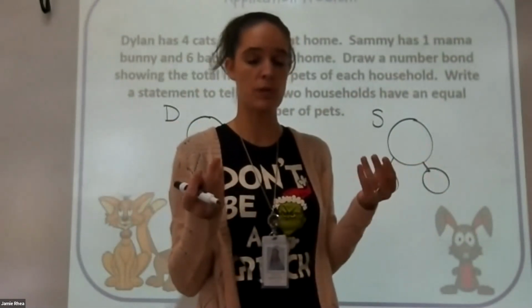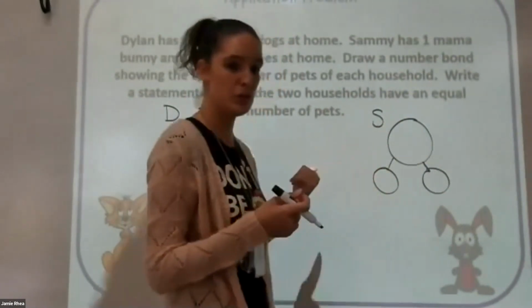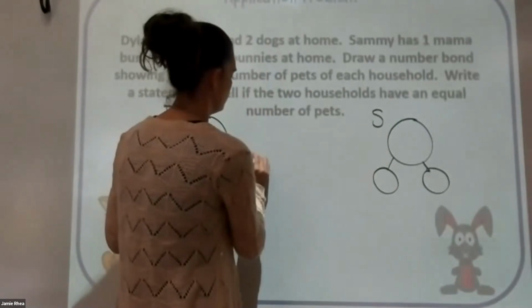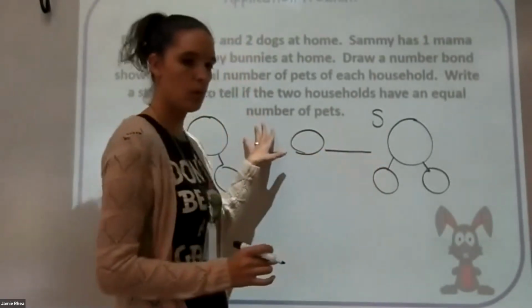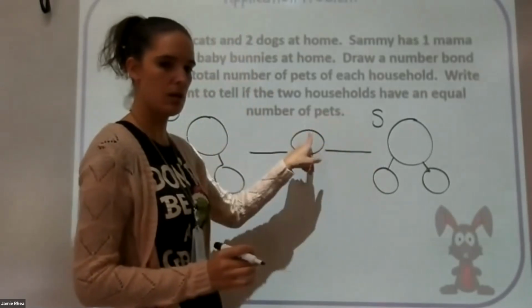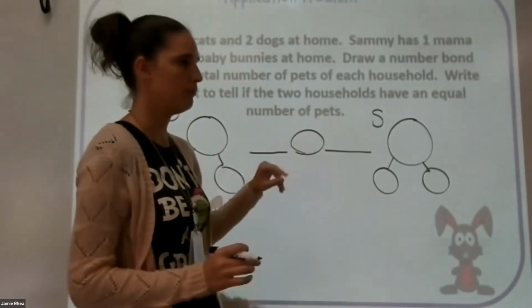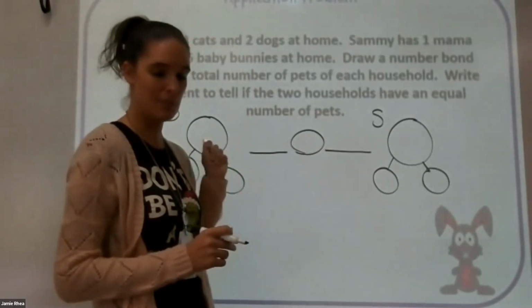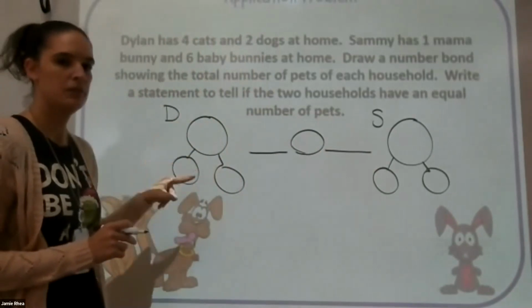Our last 2 lessons, we've been showing 2 expressions to see if they're equal. So that's how we're going to do this one too. So I can write 1 equation here, 1 equation here, and then I can put my equal sign in the middle if it's equal.